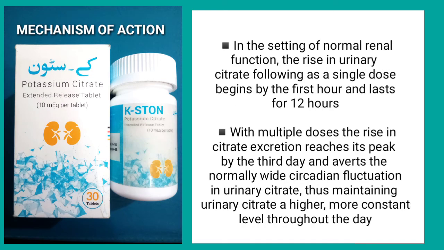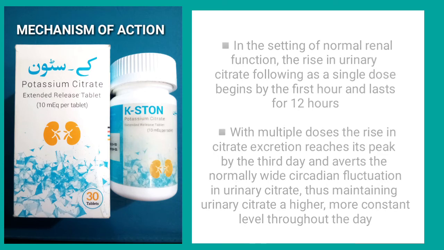In the setting of normal renal function, the rise in urinary citrate following a single dose begins by the first hour and lasts for 12 hours. With multiple doses, the rise in citrate excretion reaches its peak by the third day and averts the normally wide circadian fluctuation in urinary citrate, thus maintaining urinary citrate at a higher, more constant level throughout the day.